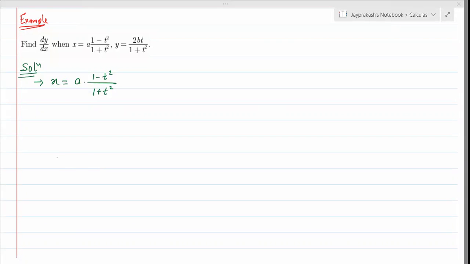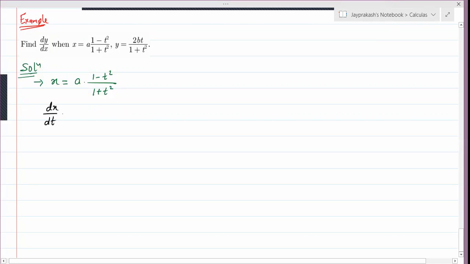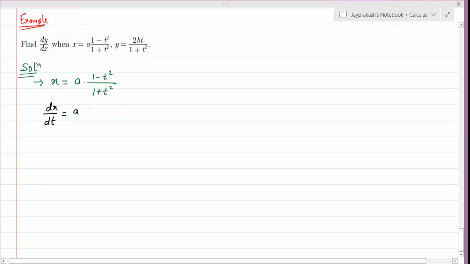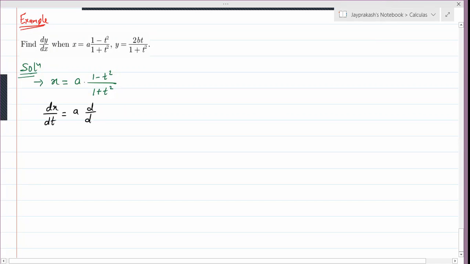So differentiating with respect to t. So with respect to t, a is the constant, and then we will apply here d by dt of (1 minus t square) upon (1 plus t square).